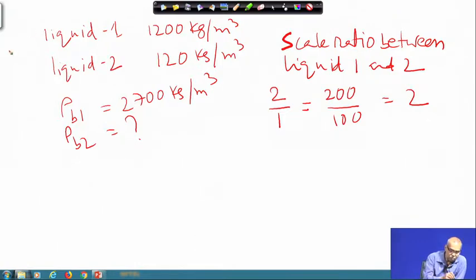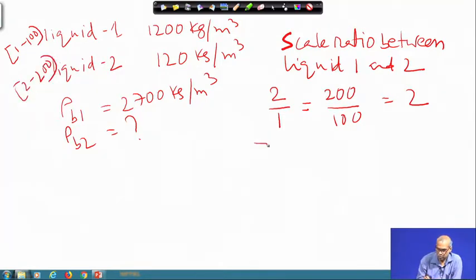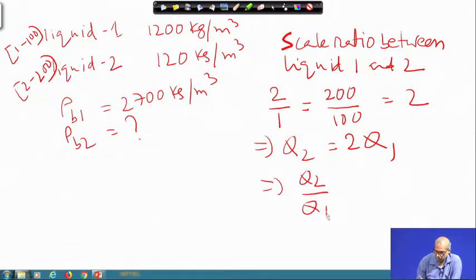So, this one for 1 to 100 and this one for 2 to 200. So, what it means is Q2 equal to 2 Q1, where Q1 is the flow rate of the liquid 1, Q2 is the flow rate of the liquid 2, or Q2 by Q1 is equal to 2.